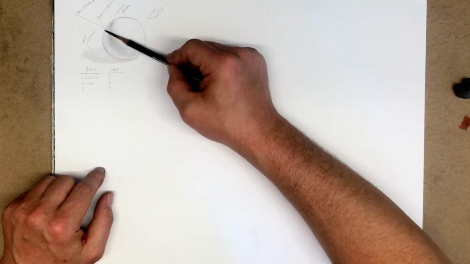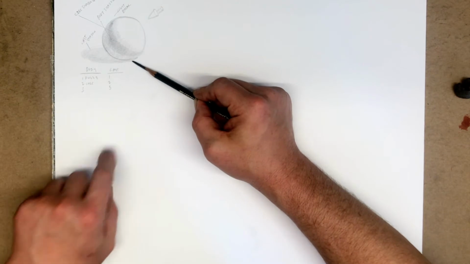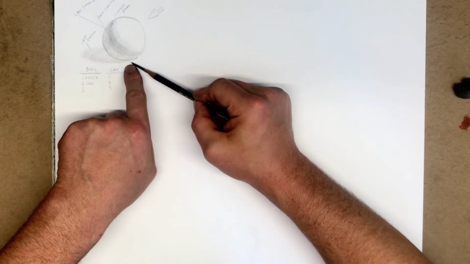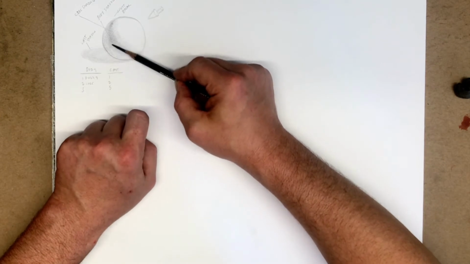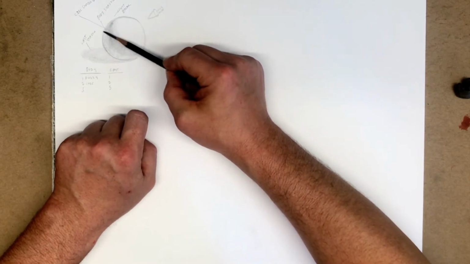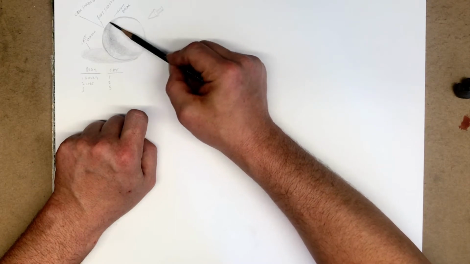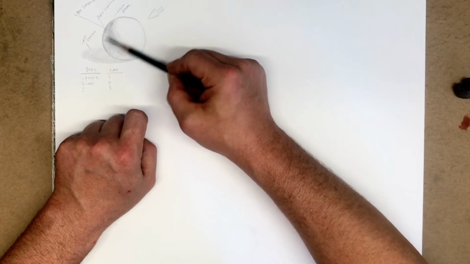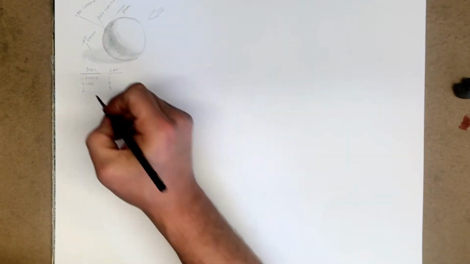So how much reflected light there's going to be, it sort of depends. Usually there's a lot more here because the reflection is bouncing here, which is really close, and creating a bright reflected light here. Here it might be a little bit darker. Here you might not even see it. It's quite possible. It might start to all kind of look the same. But it still needs to be there in order for the form to appear round in the shadows.